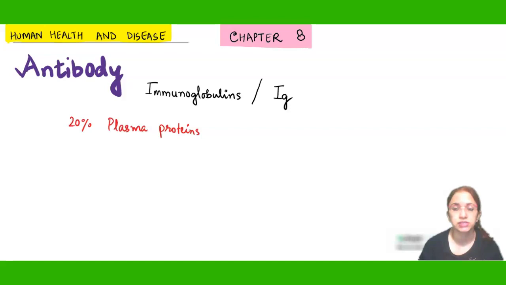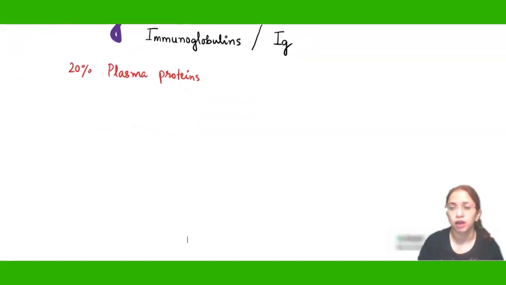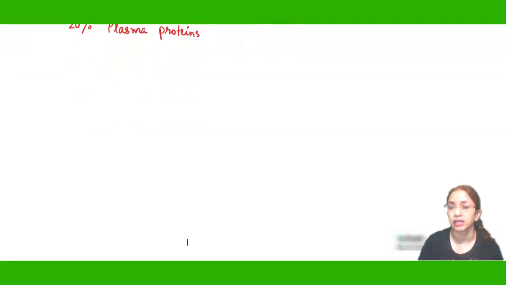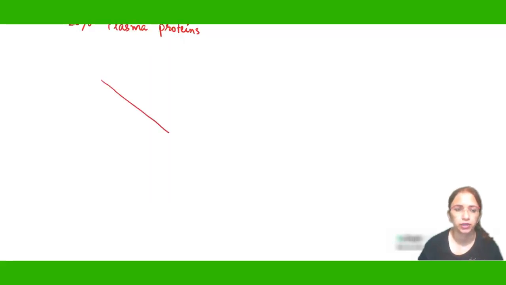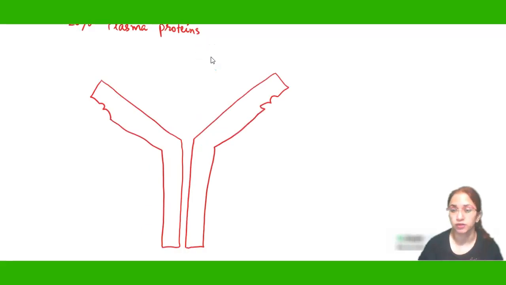So today we will see how actually an antibody looks. What are the different parts in an antibody structure? So we will start with the structure of the antibody. So this is how our antibody heavy chain looks. Let me tell you one thing.